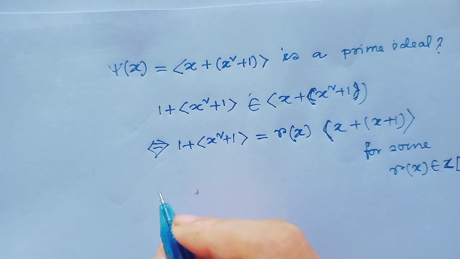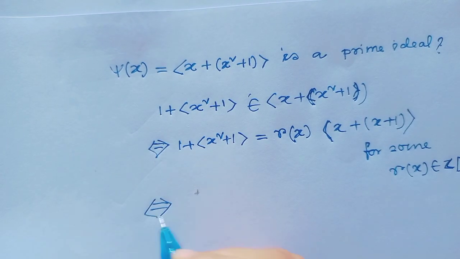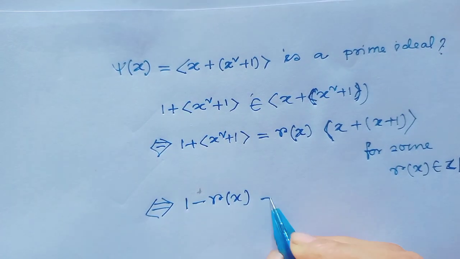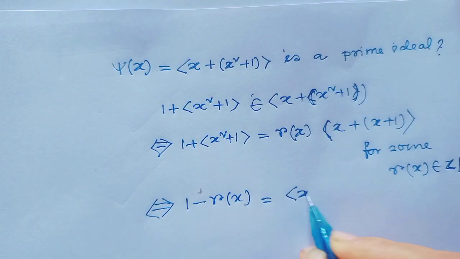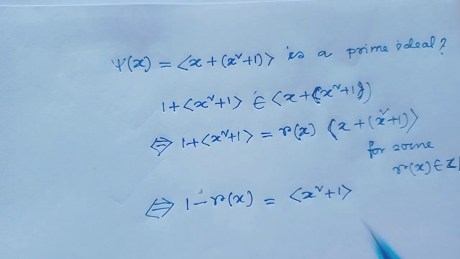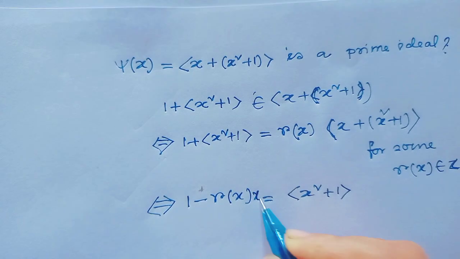Then 1 minus R(x) times x belongs to the ideal generated by x square plus 1.